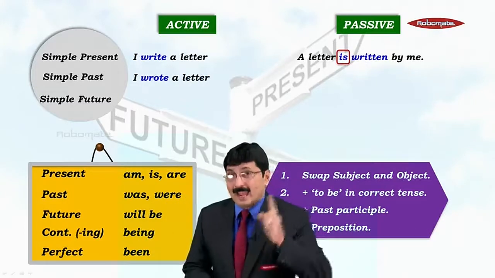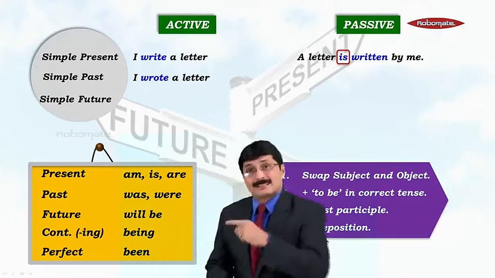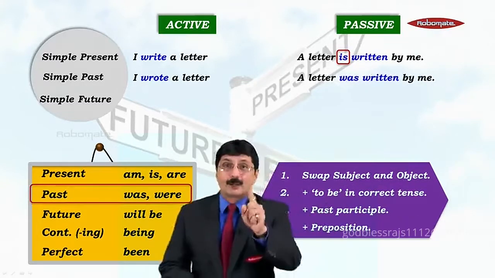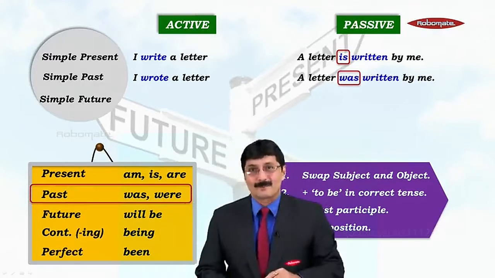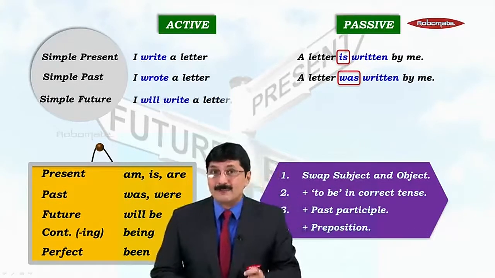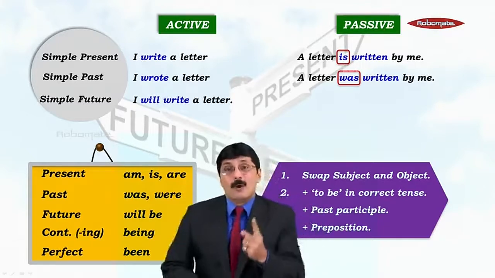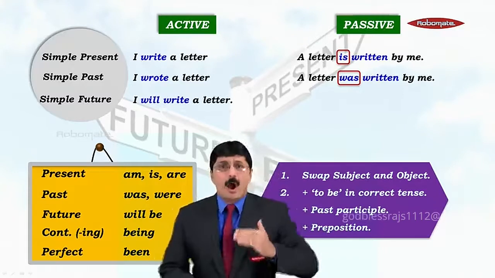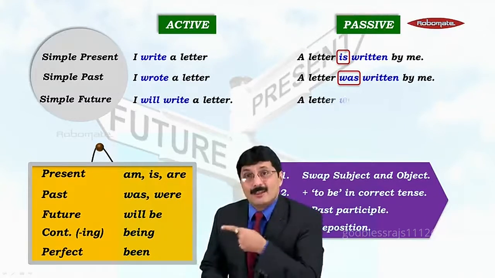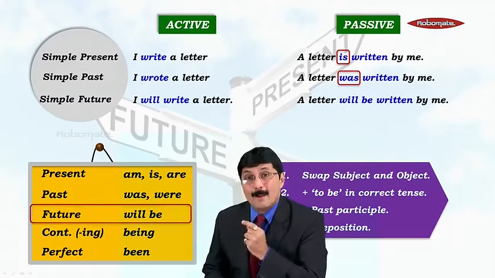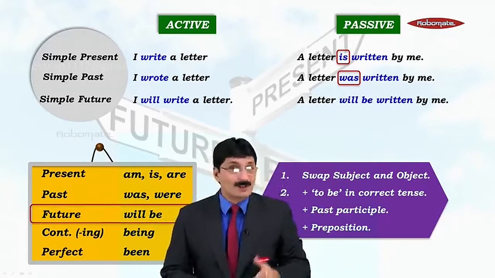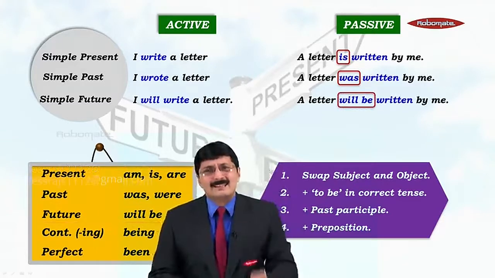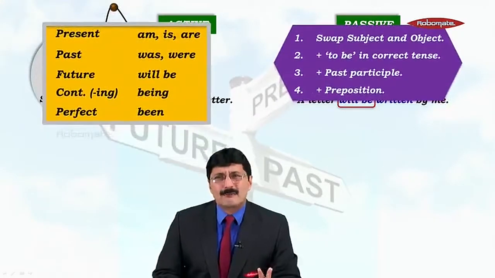But if the same sentence were in the simple past tense, then you would be adding either was or were. And if the same sentence were in the simple future tense, I will write a letter or I shall write a letter, you would be adding will be or shall be. Fantastic! Are we understanding? Isn't it going superb, my dear friends?